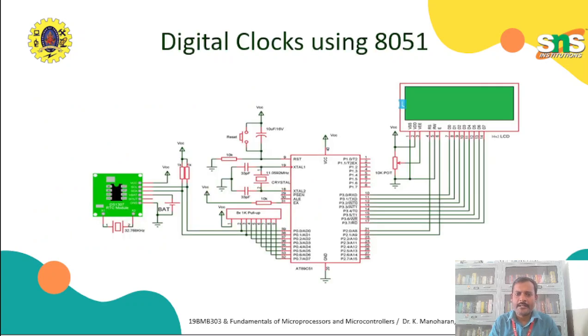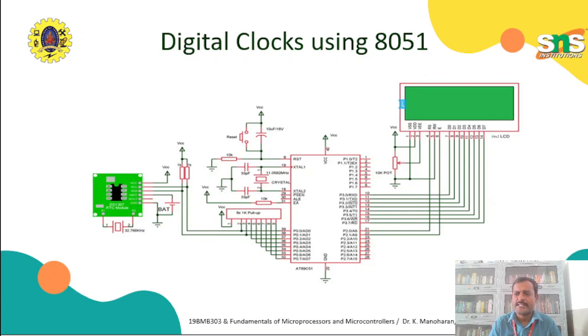Look at the block diagram. This is the microcontroller, this is the RTC, and this is the LCD. The RTC is connected through these lines: this is the SDA and SCL, that is serial data line and serial clock line.